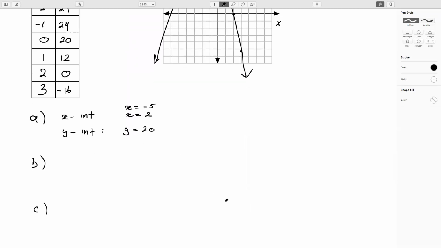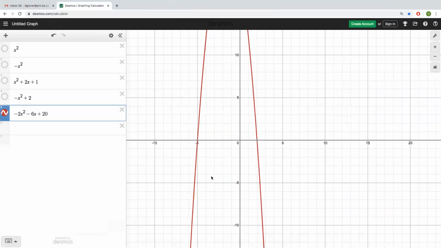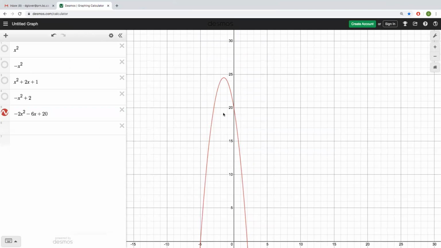Question B, coordinates of the vertex. Now, the vertex, we could turn our equation into vertex form, but we haven't really learned how to do that yet. On the graphing calculator, we just go to the vertex and we find it. Vertex occurs when x is -1.5 and y is 24.5.